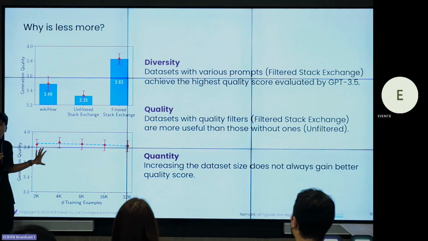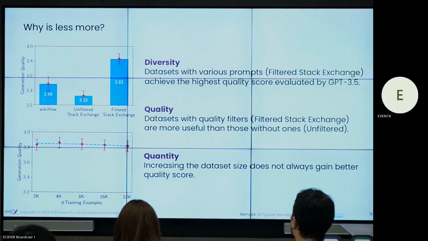In terms of quantity as well, they investigated the possibility of increasing the size of the data set that we have. For example, so far we have been using a data set with just 1,000 records.